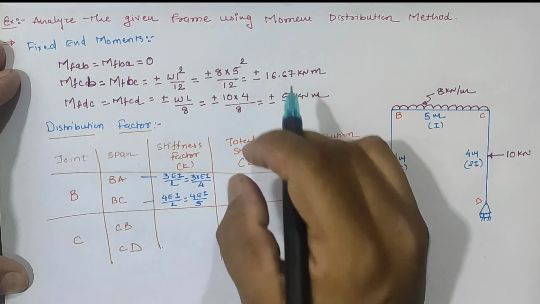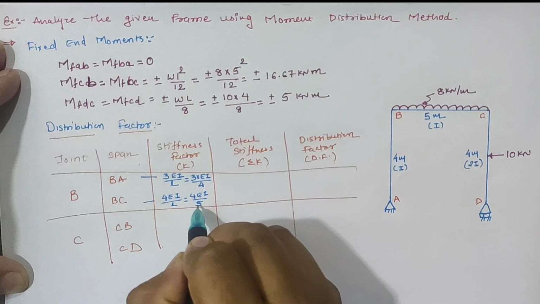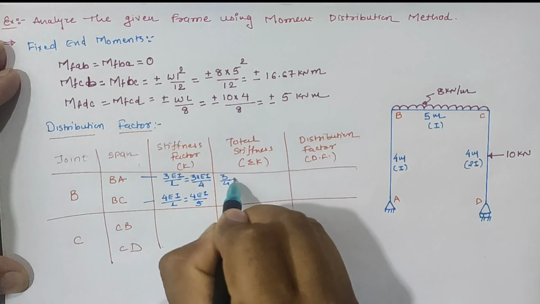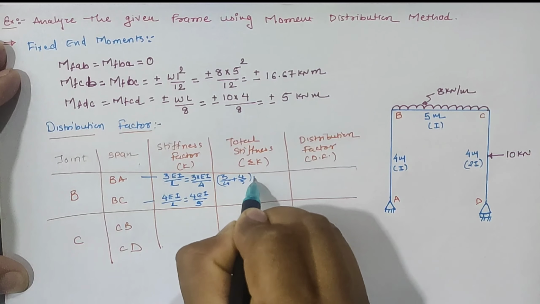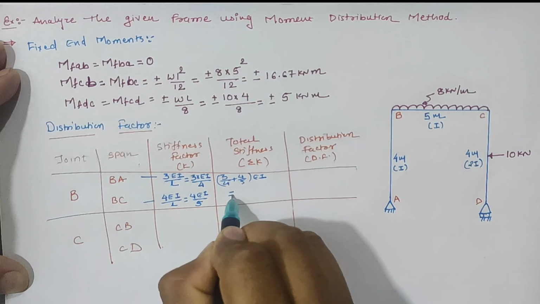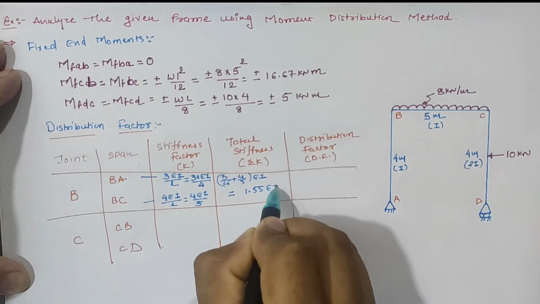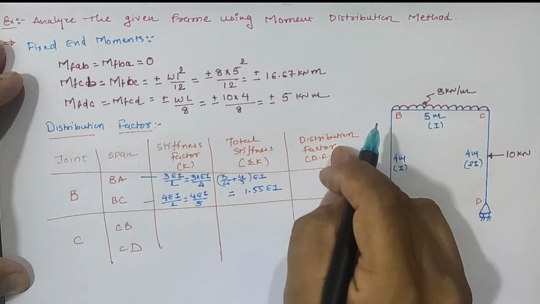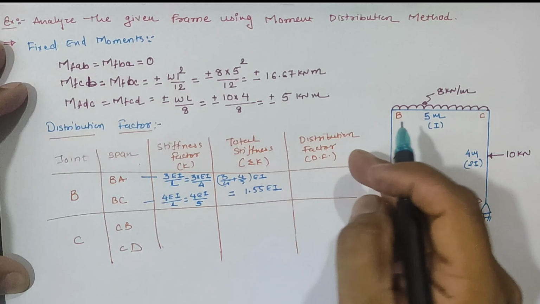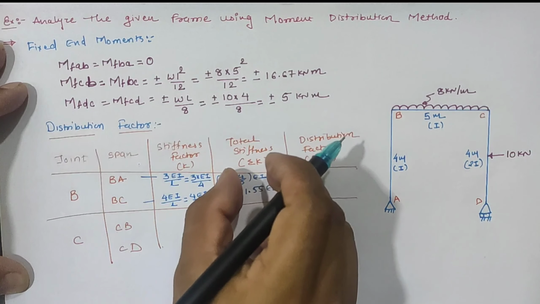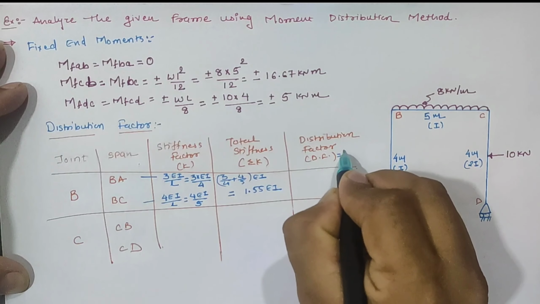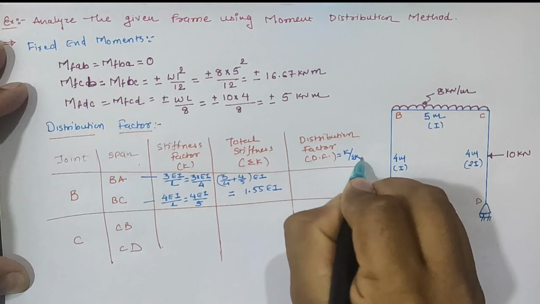Now the total stiffness factor is 3 by 4 plus 4 by 5 into EI, hence the total value is 1.55 EI. Now the distribution factor is calculated as the individual stiffness divided by total stiffness. So the distribution factor is nothing but K by sigma K.